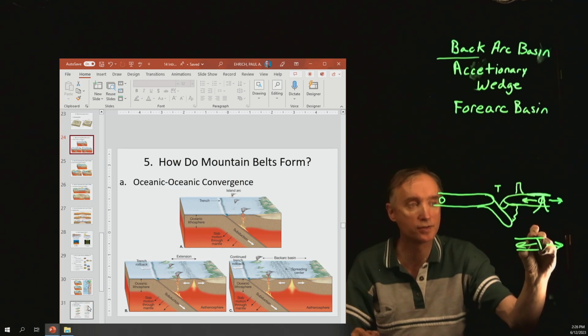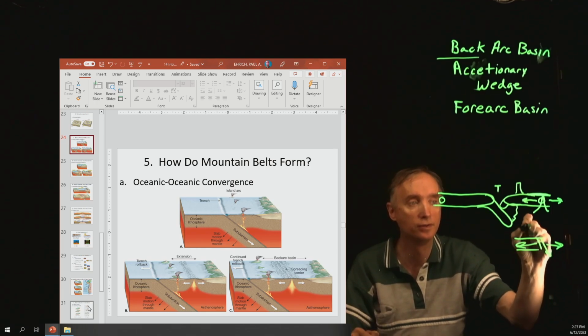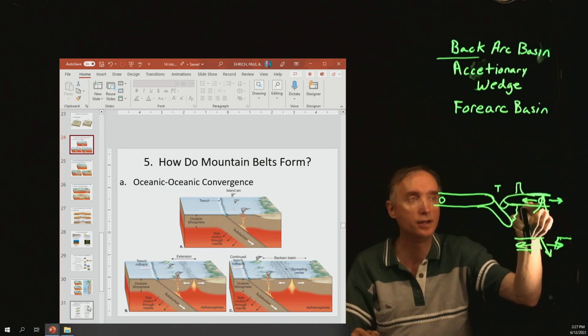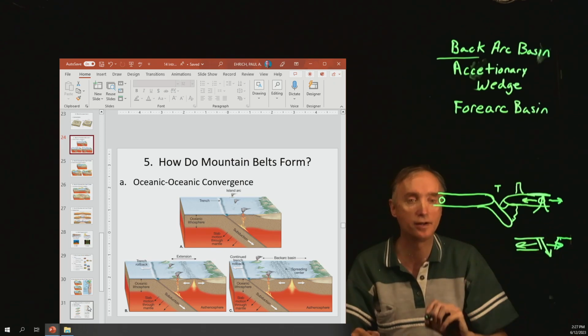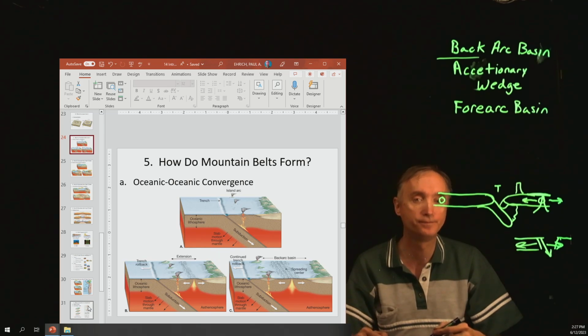So this material is going to fall down with respect to this material over here, and the same thing on this side. So here is where you're forming new ocean floor, and then you're going to have down faulting on either side of it. So that's going to be normal faults as a result of it.